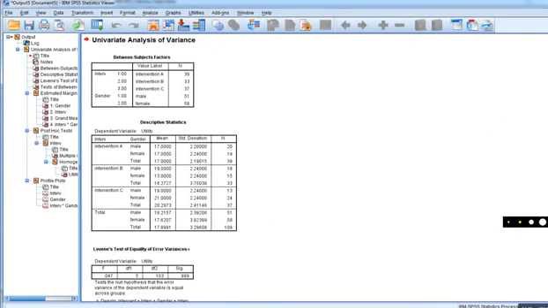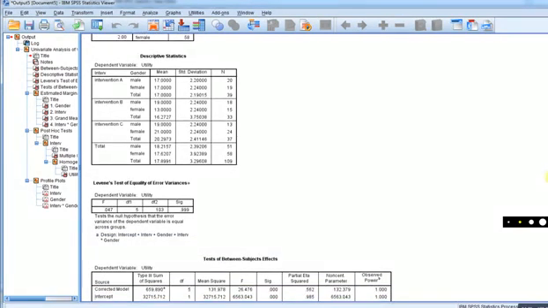Now in this output, you can see that we have a box of descriptive statistics. You can see that we have intervention A, B, and C, and gender for each of the groups as well. Males who received intervention A had a mean utility score of 17.